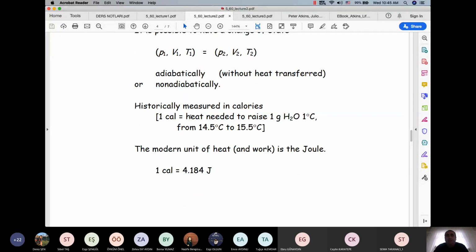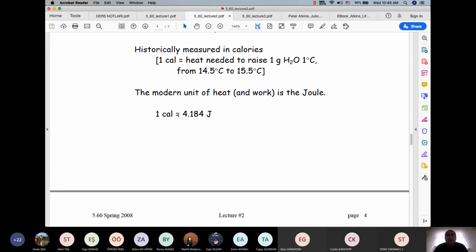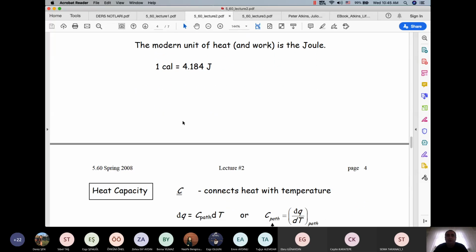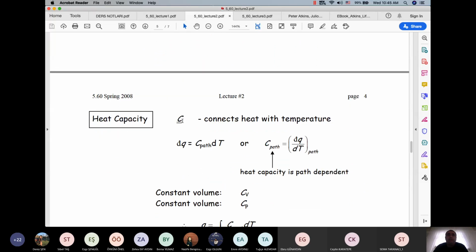Heat is measured by calories, and this is the calorie joule conversion. And the heat capacity connects heat with temperature. As we said, heat capacity differs according to path. It is path dependent.